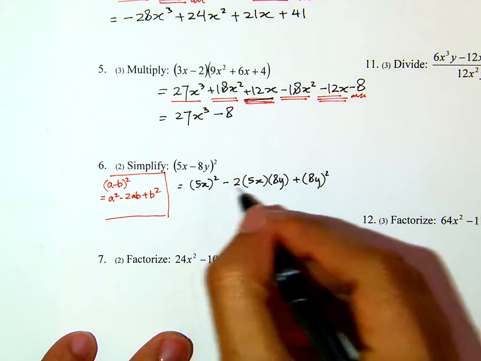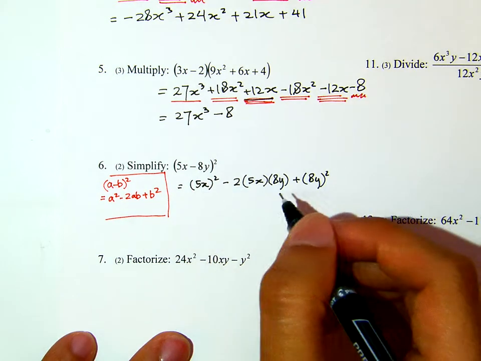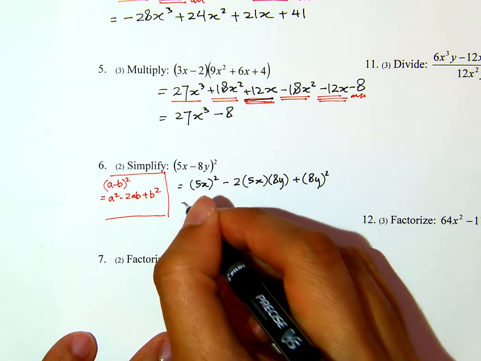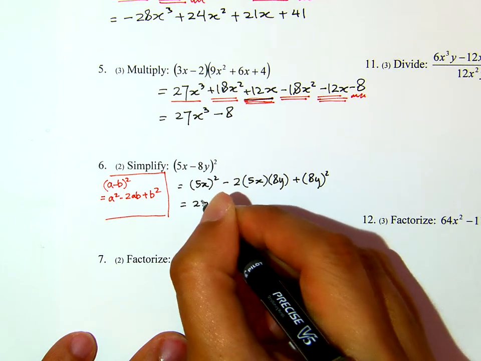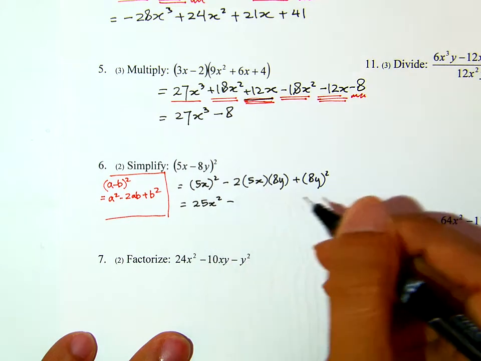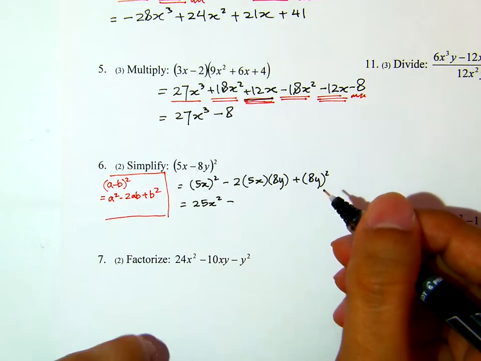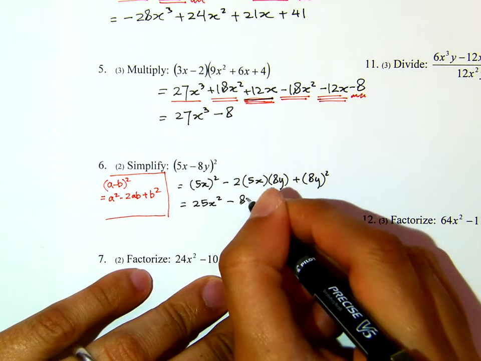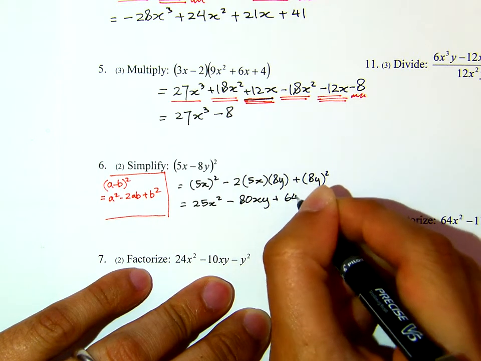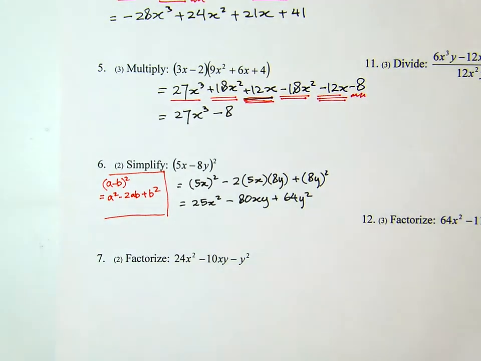Okay, now you don't have to write this down if you know it right away. Some people can do it without writing it down, but if you can't follow that, then you do this. Now the next thing I will do is to compute this. I will get 80xy plus 64y squared. Now here you are done.